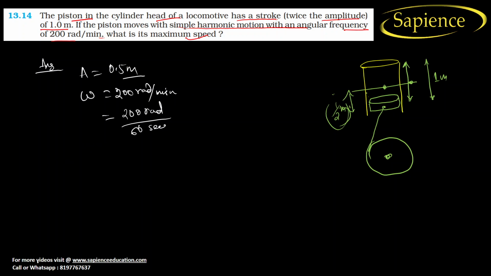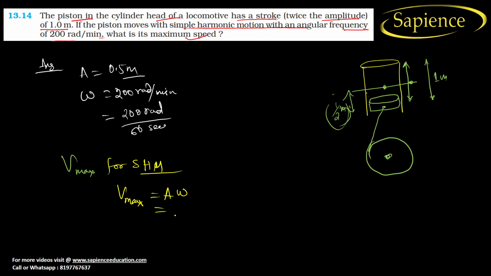Now, what is the maximum speed? We know the very important formula for S.H.M., that is simple harmonic motion. A body executes S.H.M., so the maximum velocity, that is V max, will be equal to amplitude into omega.